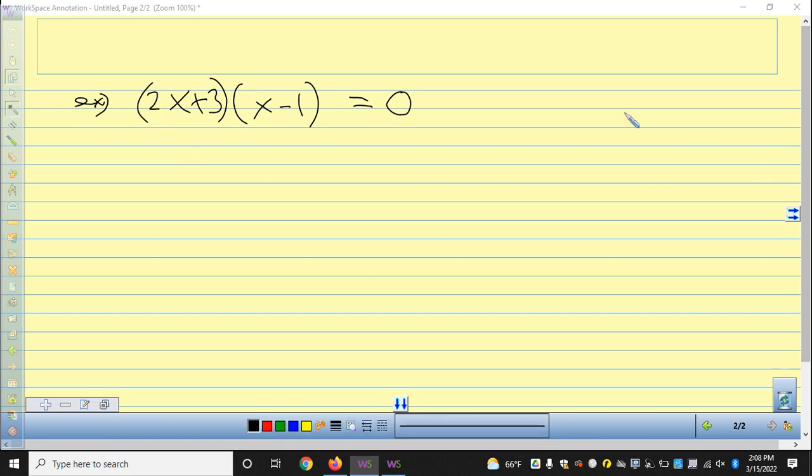The zero product property tells us the only way that multiplying these two together gives me 0 is if 2x plus 3 equals 0 or x minus 1 equals 0. And now the problem says find x. Well, we're going to find x for each one of these.